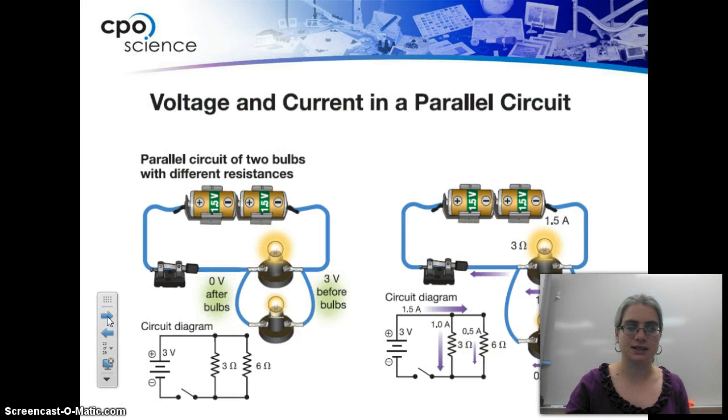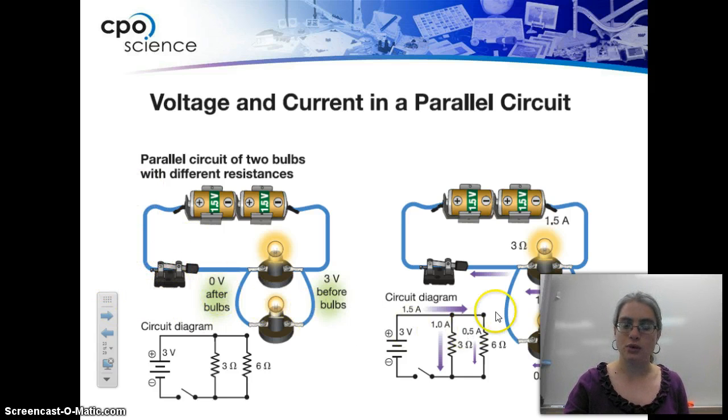So here is an example of a parallel circuit of 2 bulbs with different resistances. And here is the circuit diagram that shows what is flowing where. So you've got a resistance of 3 ohms here and a resistance of 6 ohms here. You have 3 volts before and 0 volts after, so you have no electrical potential energy after that. So you wouldn't be able to light up another bulb over here at this point.